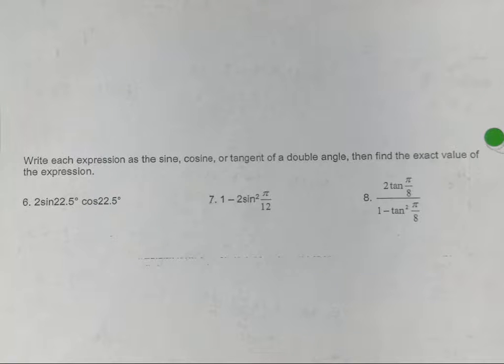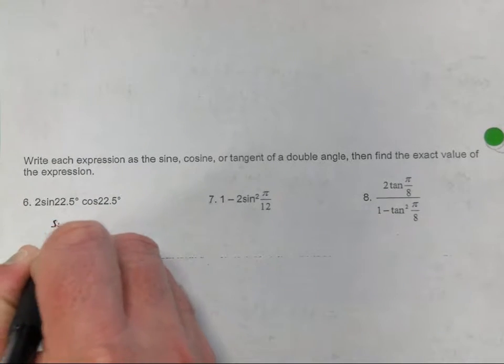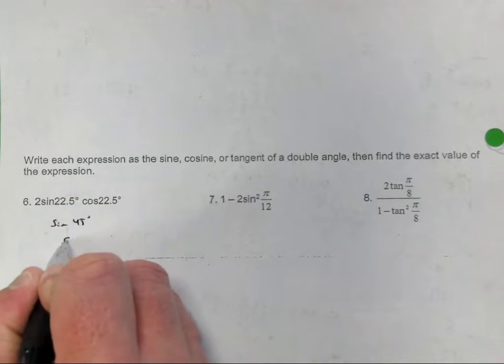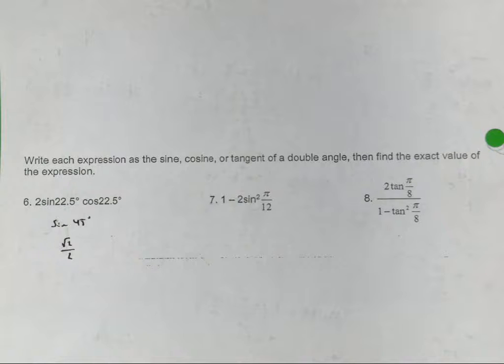That first one is matched up with which one? Sine. What do you think we do with the value 22.5? It's called double angle. So what do you think we want to do? Double it. What's 22.5 plus 22.5? 45. So you're going to double it. So that gives me sine of 45. What's sine of 45? There's your answer.